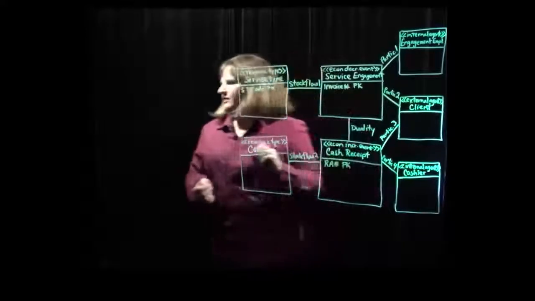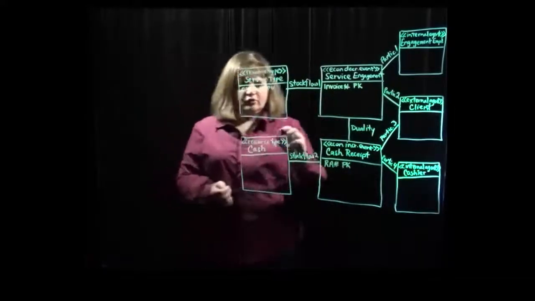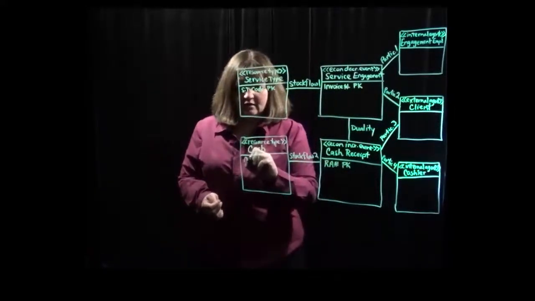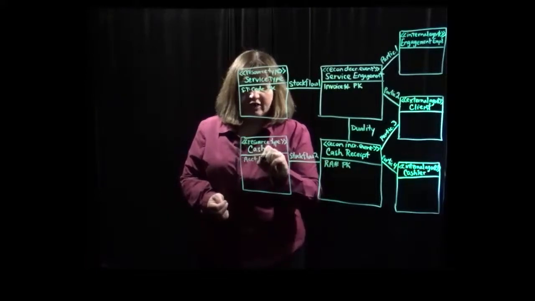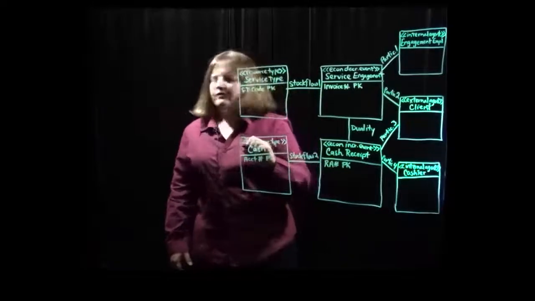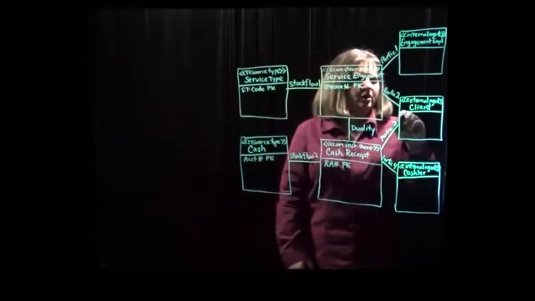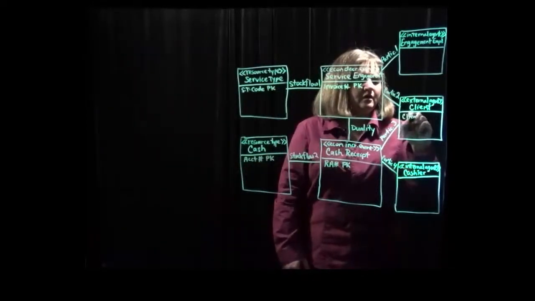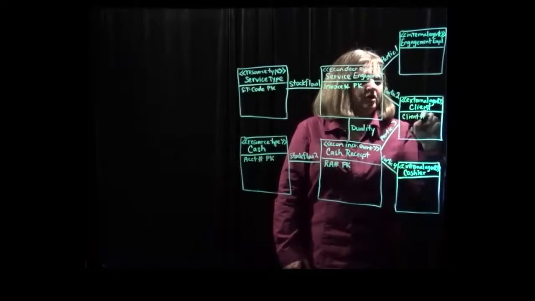We're also then given the cash account number, and that's going to be the primary key of our cash class. Next, we're given our client number. That's going to be our primary key of our client class.